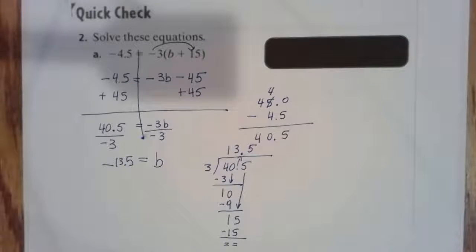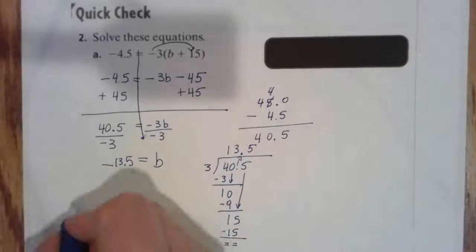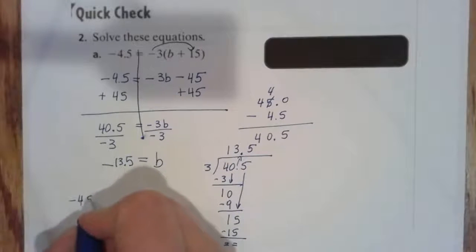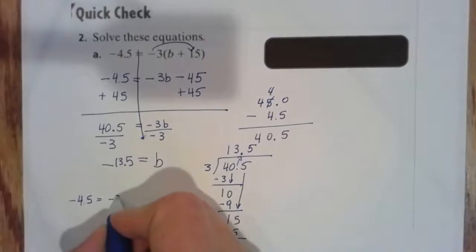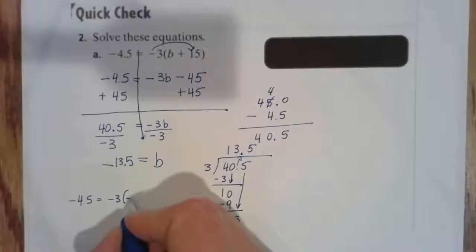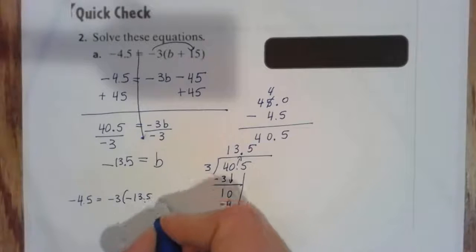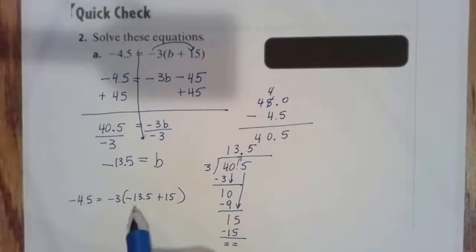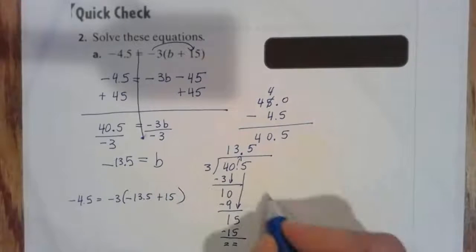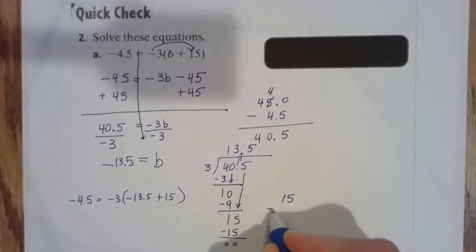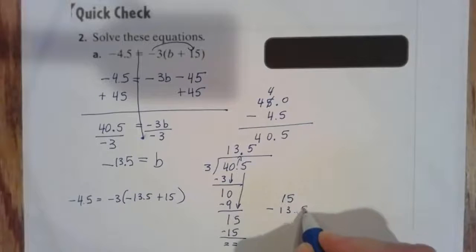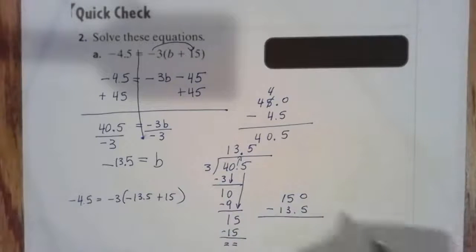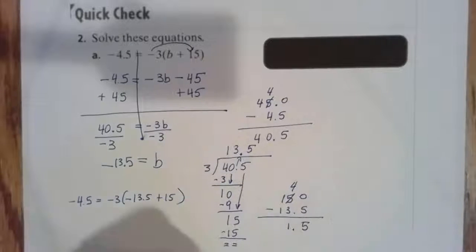Let's check our answer. Okay, negative 4.5 equals negative 3 times the quantity negative 13.5 plus 15. I have to do parentheses first. Different signs, so subtract 15 minus 13.5. Okay, so that's 4, that's 5, that's 1, so that's 1.5.